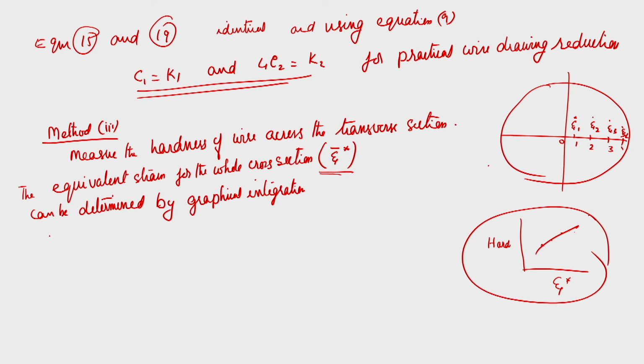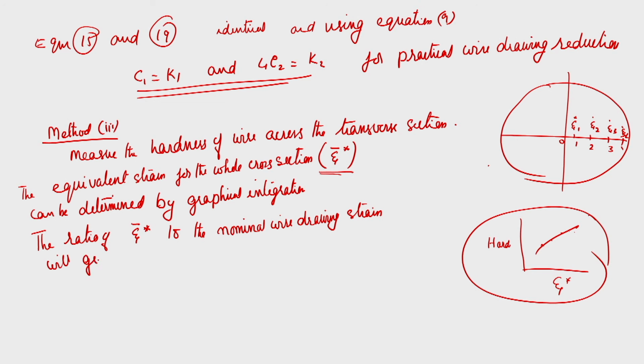And the ratio of epsilon bar star to the nominal wire drawing strain will give the value of phi 2.